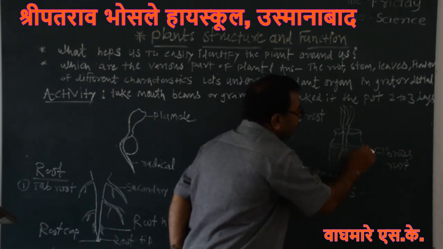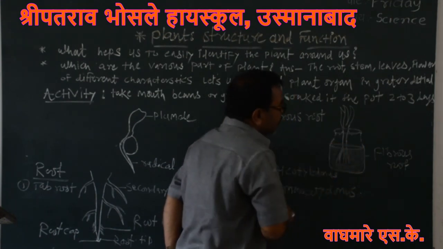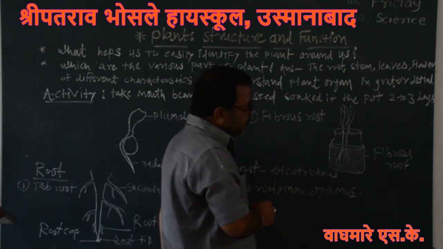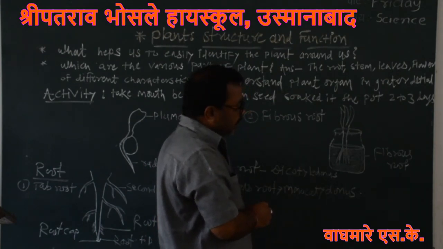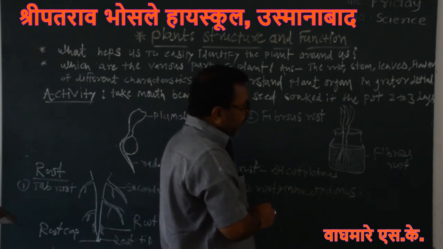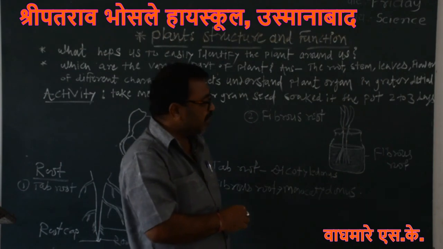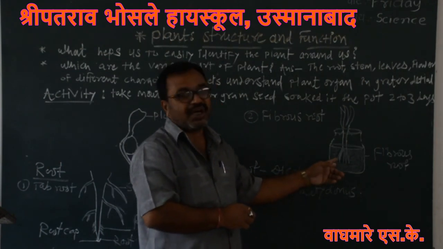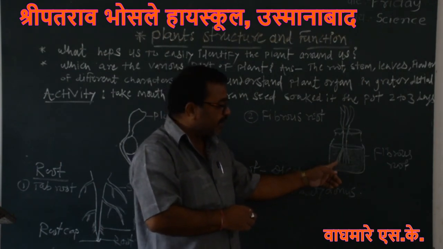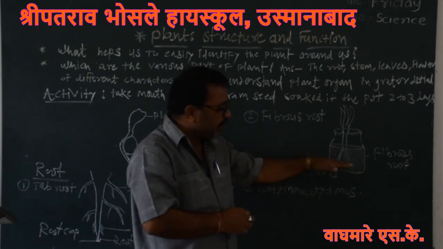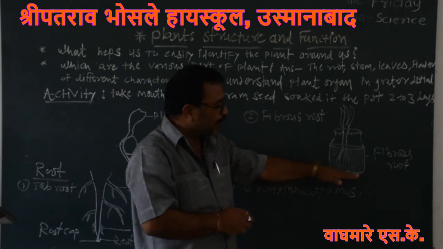After marking the water level, put the jar in the sunshine, in the sun rays. After 2 to 3 days, observing this jar, we see that the water level is decreasing toward the lower side.